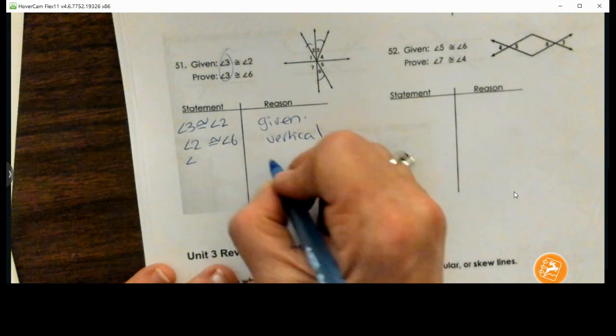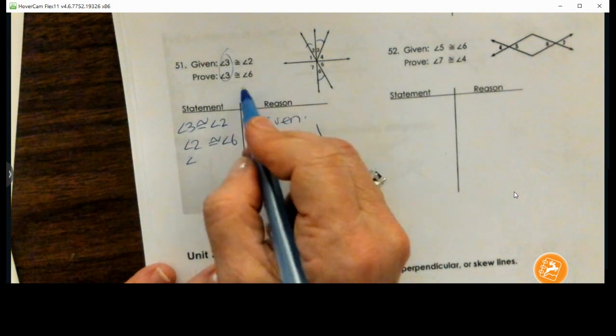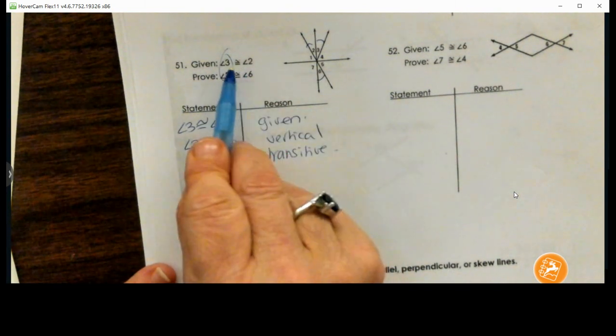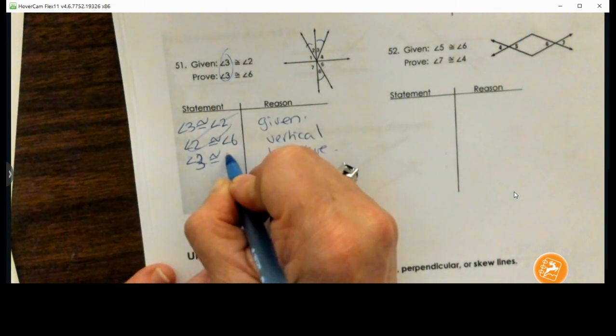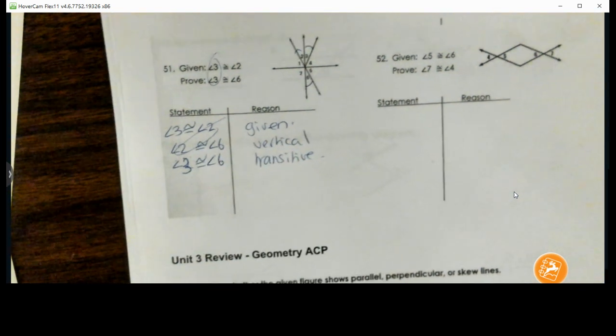And now we have a transitive property. So angle 3 is congruent to angle 6, and that is what we wanted to prove, and it's transitive. Let's look at the next 2.